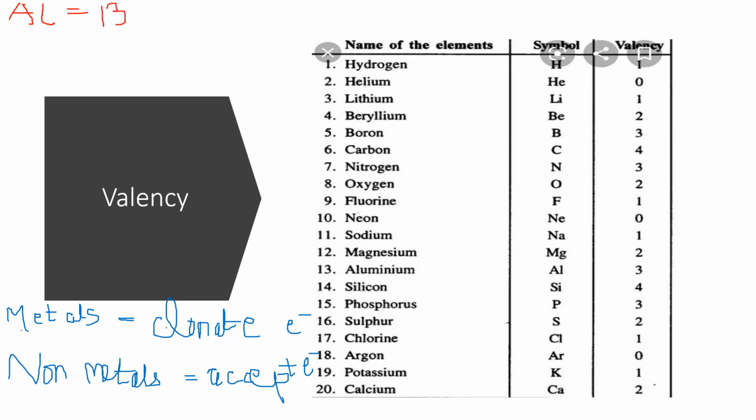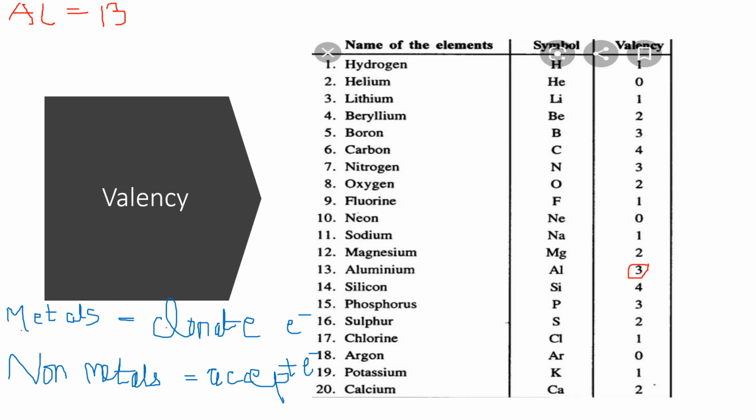It is 13. Now the outermost shell will consist of 3 electrons, so it can easily donate the 3 electrons from the outermost shell. If you see the electronic configuration of aluminium, the valency is 3 here. It can easily donate the electrons, so this 3 is the valency which it is donating.